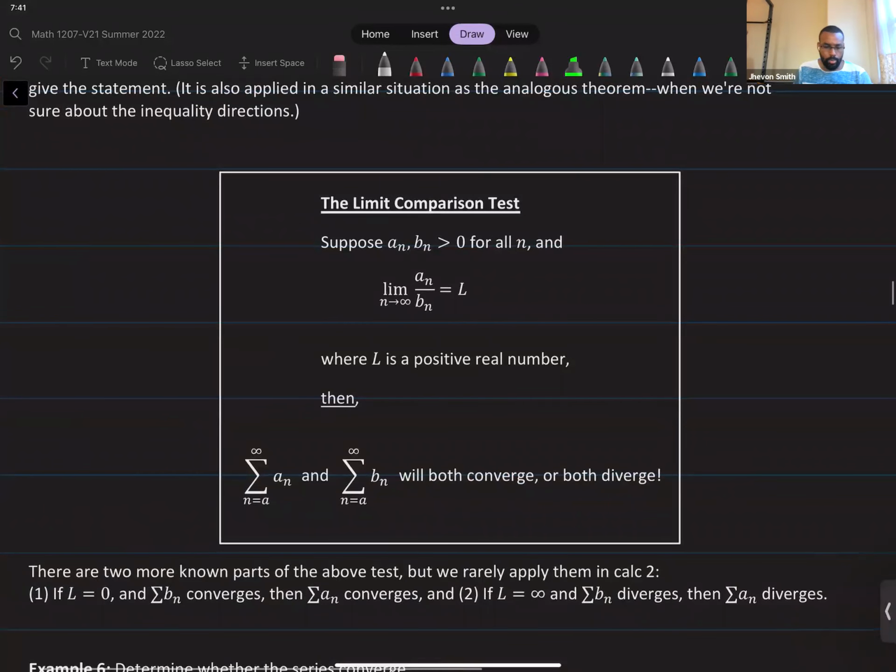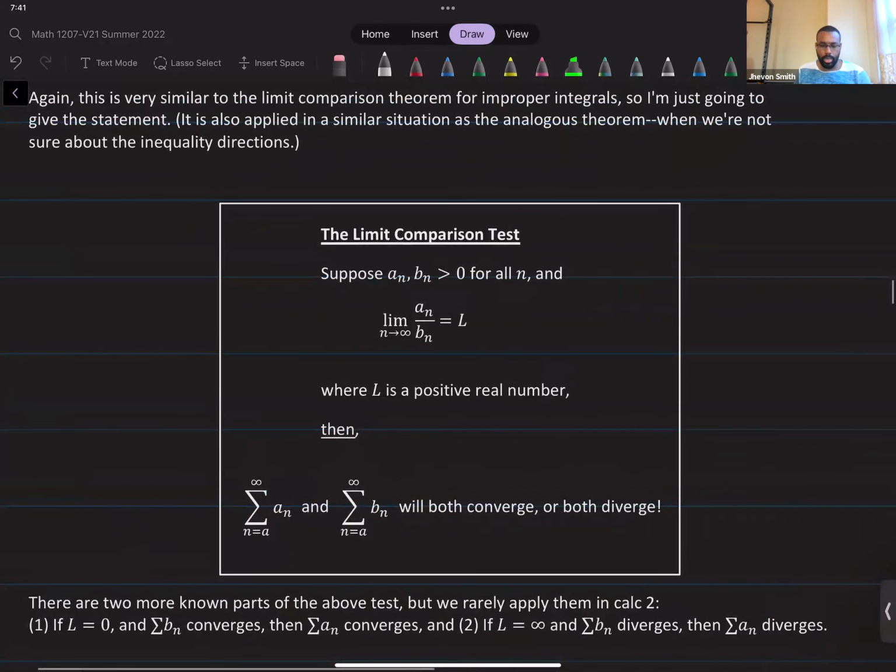Now, there are actually two more parts of the above test. They don't really come up in Calc 2 that often. Usually this is what you need to know for Calc 2. But I should just tell you, generally speaking, that you can make some conclusions if your L is 0.